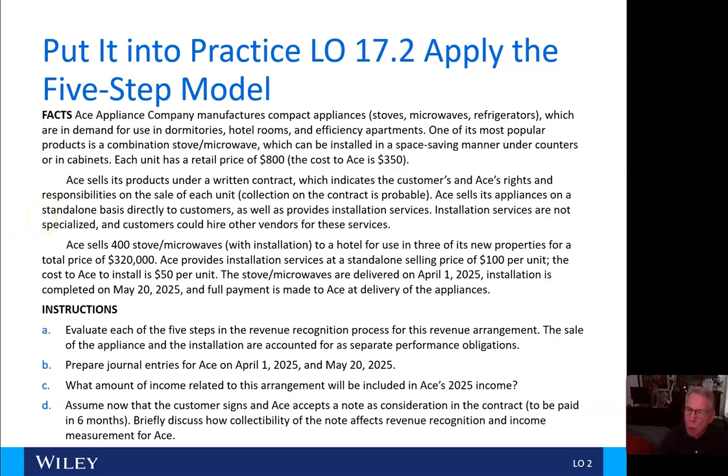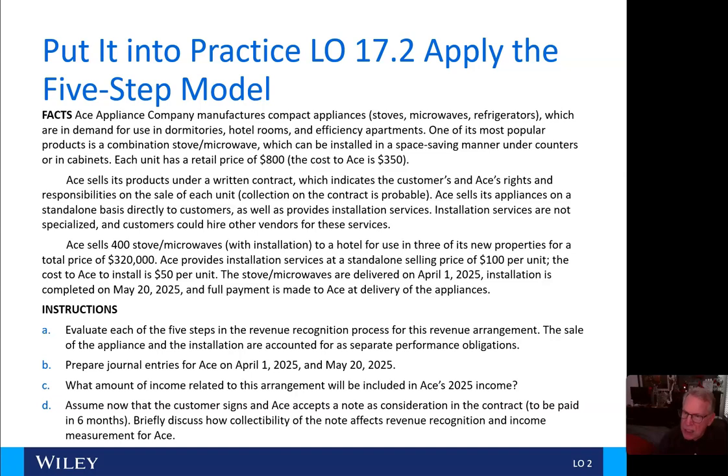Ace sells 400 stove microwaves with installation to a hotel for use in 3 of its new properties for a total price of $320,000. Ace provides installation services at a standalone selling price of $100 per unit.